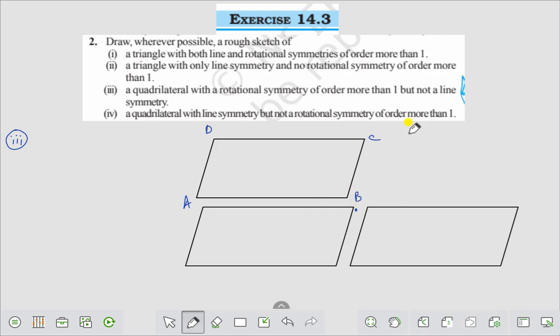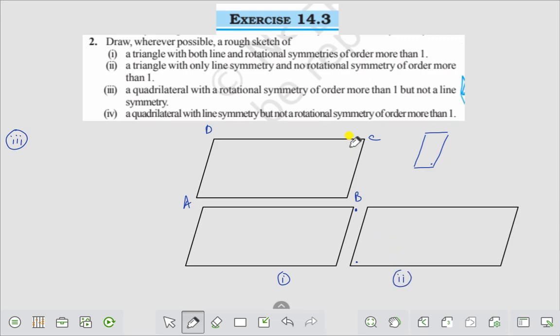If you rotate this one, it will get the shape like this, and this point will come here, but we are not getting the symmetry. Again, if we rotate, this point will come here. That means there are two positions, this position and this position, which have rotational symmetry.